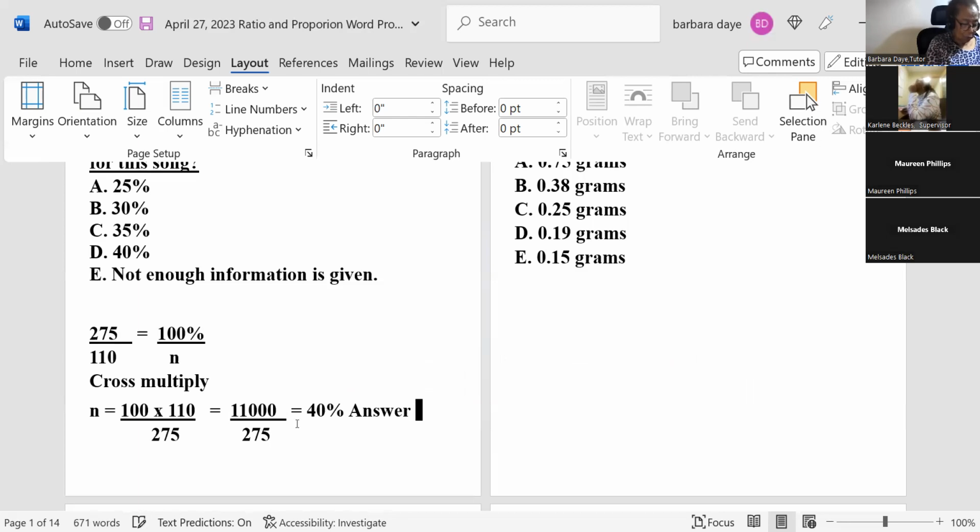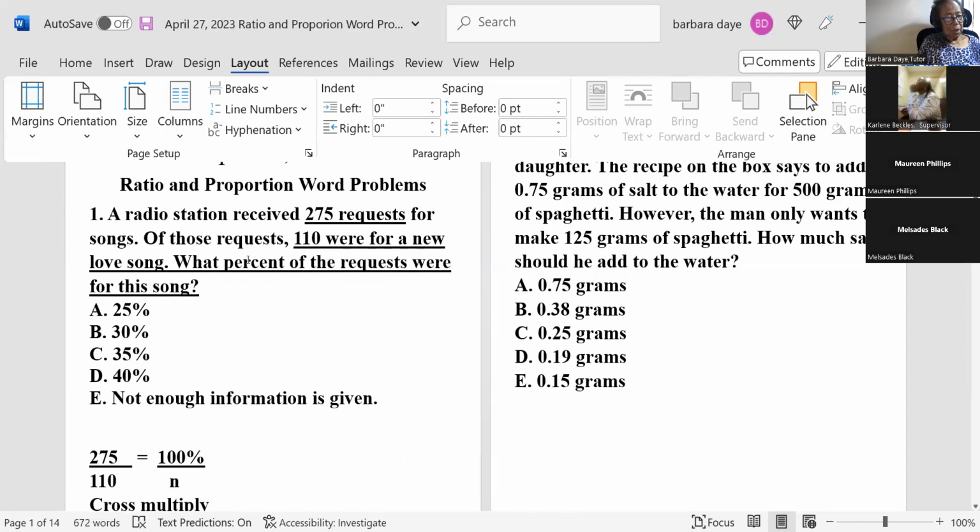Now, Maureen, you could have answered this differently. If 110 were for a new love song and 275 is the total, you could have just said 110 divided by 275, and that gives you 0.4, and move it 2 places to the right. That gives you 40%. That's the other way of doing it, right?